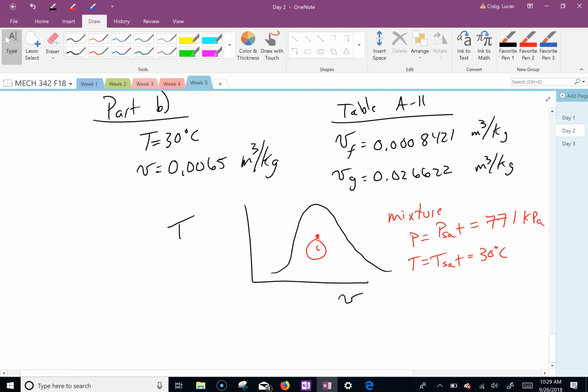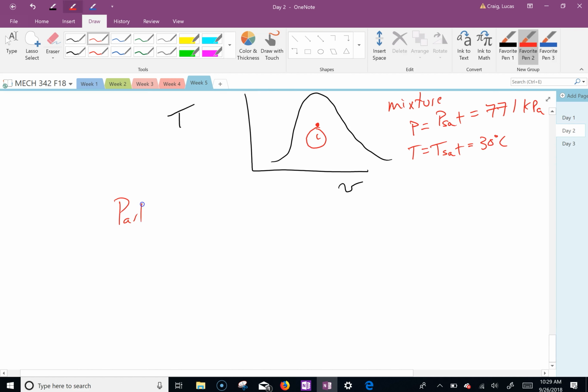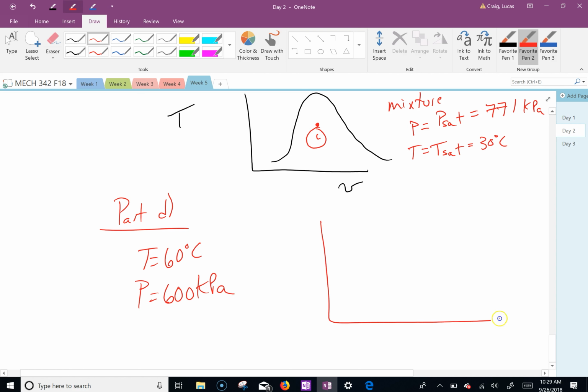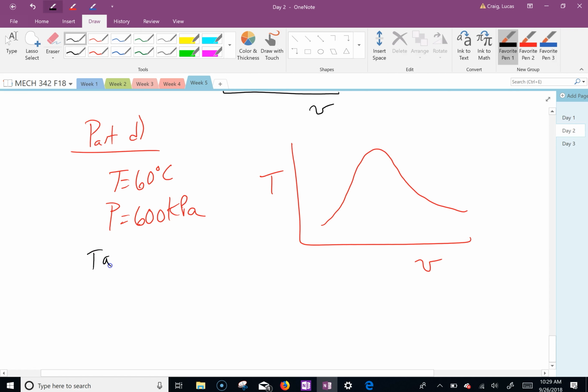Okay, now we're left with part D. Any guesses where you think D is going to be? T is 60 degrees Celsius. P is 600 kPa. Using table A11, we find P sat at the temperature of 60 degrees C to be 1682.8 kilopascals.